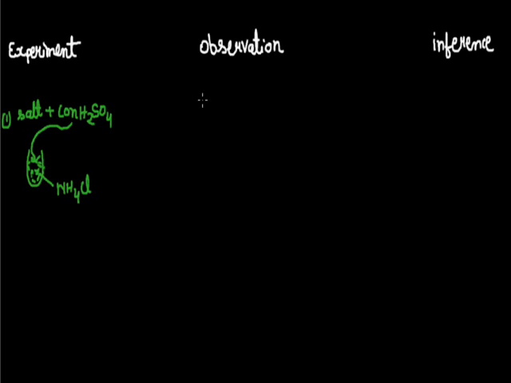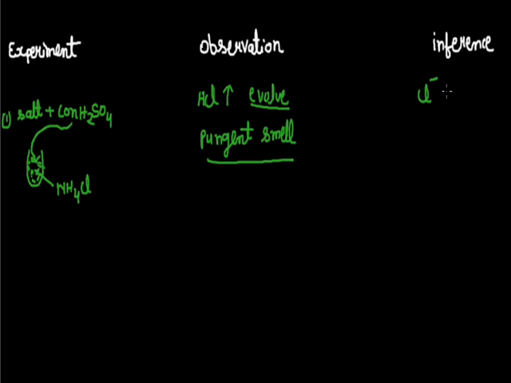So HCl gas evolves from this test tube, and this HCl gas has a pungent smell. So a pungent smelling gas evolves, that may be HCl. The inference is that this salt may contain chloride.